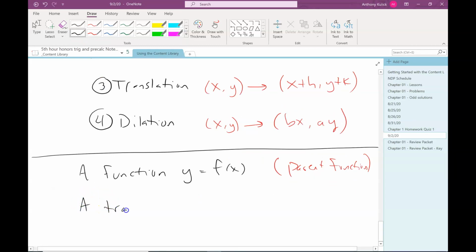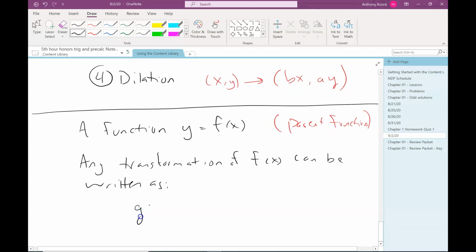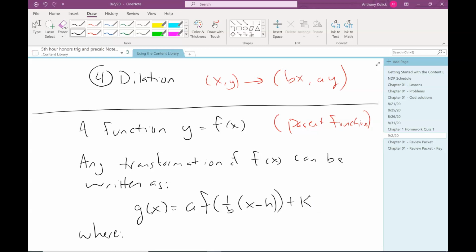Any transformation of f of x can be written as g of x equals a times f of 1 over b x minus h plus k, where we're going to describe what each one of these coefficients does in terms of a transformation.